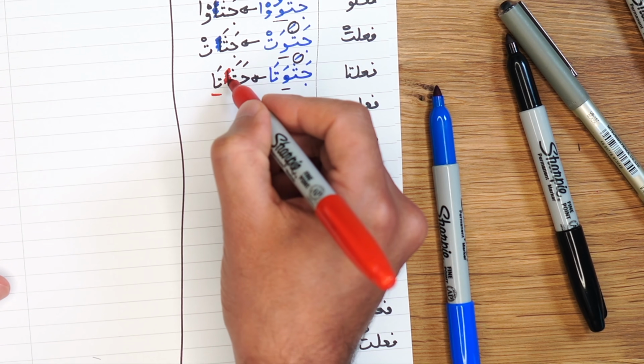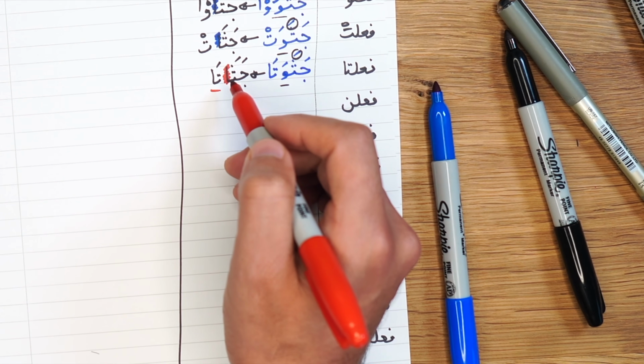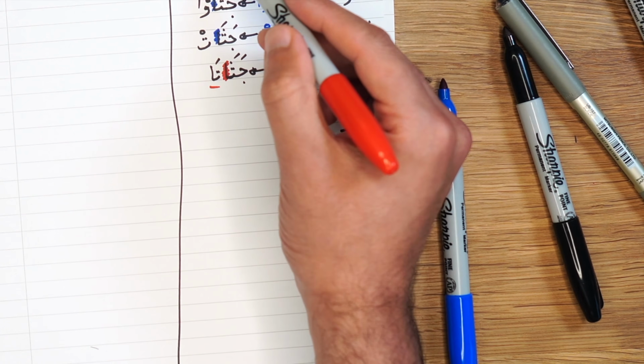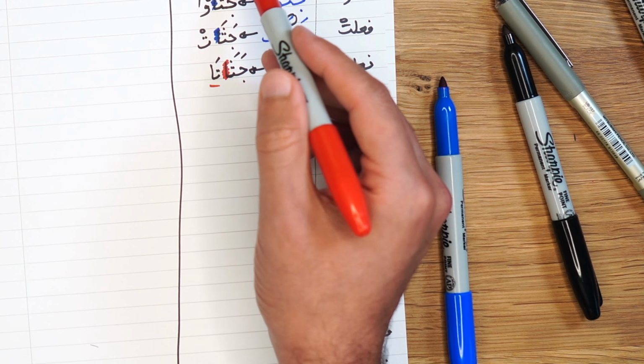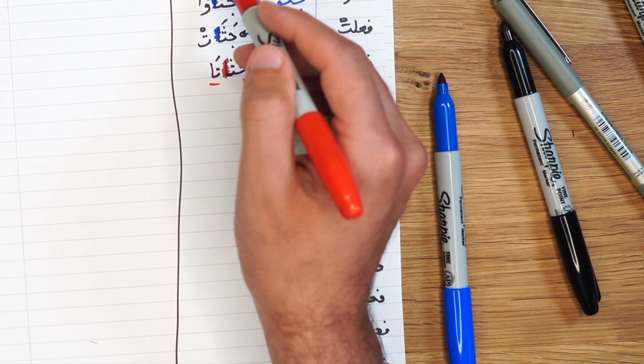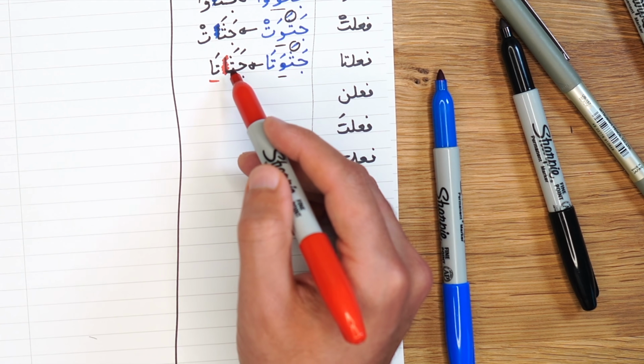There's no ijtima sakinain, no sakins coming together, but you have to remove this alif because it appears before the feminine ta. So jathawa, jathaw, jathat, jathata.